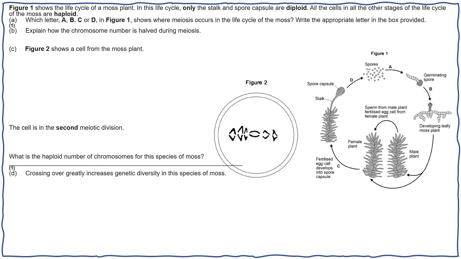So remember, it's where it goes from 2N to N, from diploid to haploid. And it says only the stalk and the spore capsule are diploid, the rest of them are haploid.